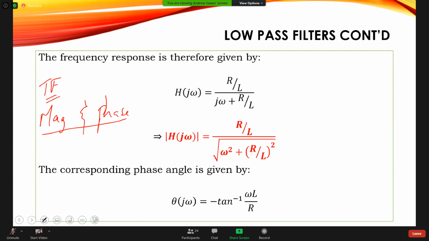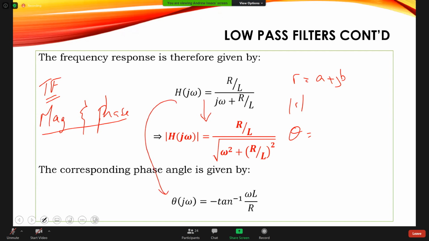So if you have a complex number, A plus jB, then we can find the modulus of R, and we can find theta. That's what we are doing, moving from here to here, and also for that.